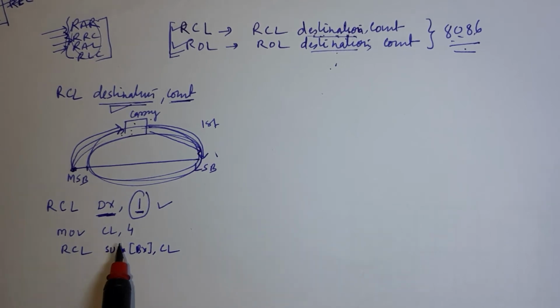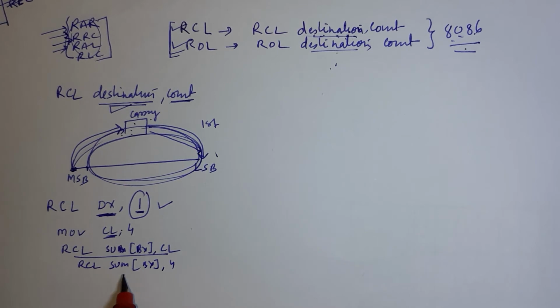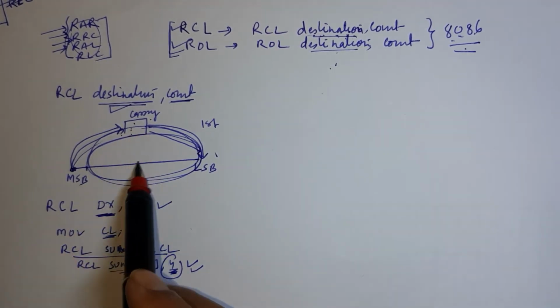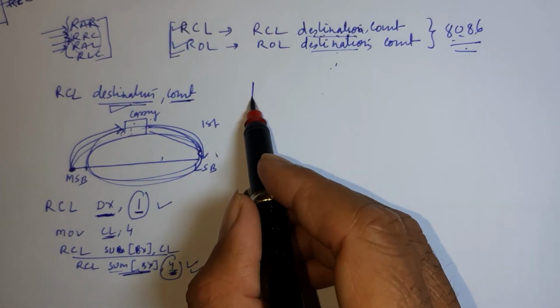In this case the value of CL is 4, so it can be replaced by RCL BX, 4, which means the content of BX has to rotate left 4 times, because the value of count is 4. So basically this is the working of the RCL instruction, and here we are considering the carry. This is about RCL.